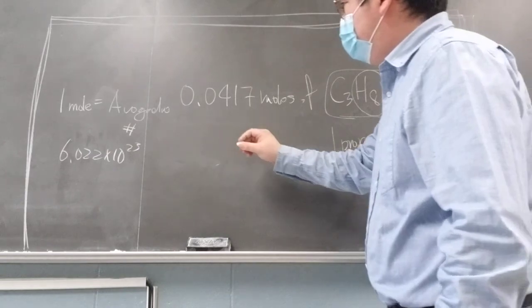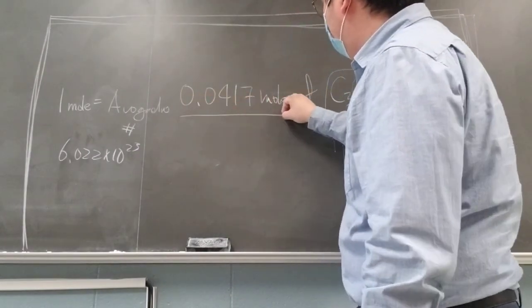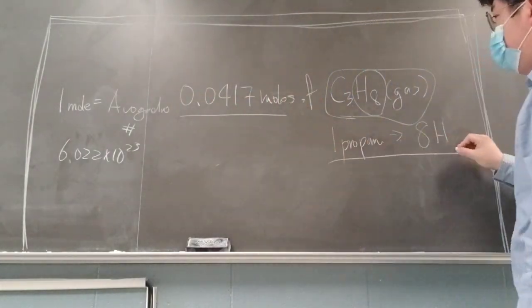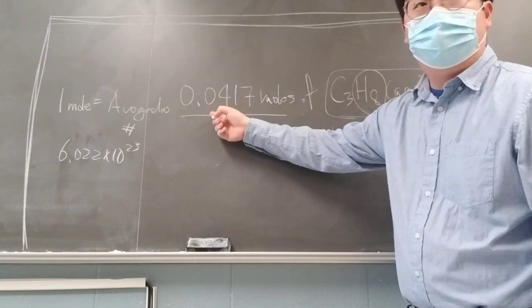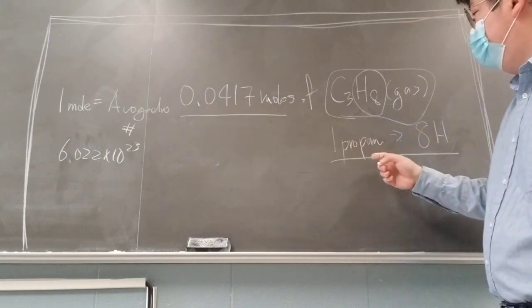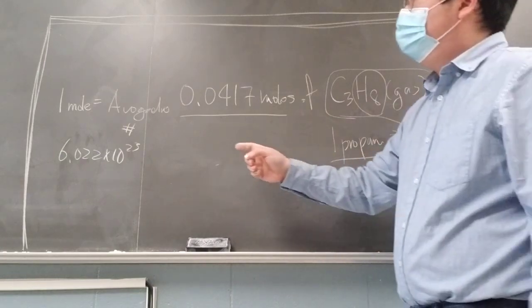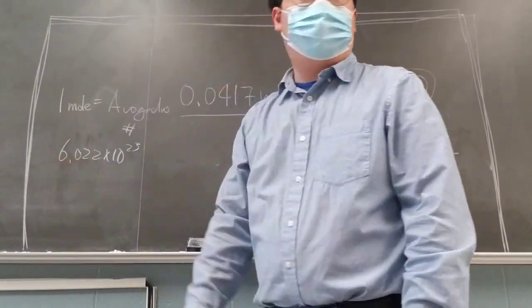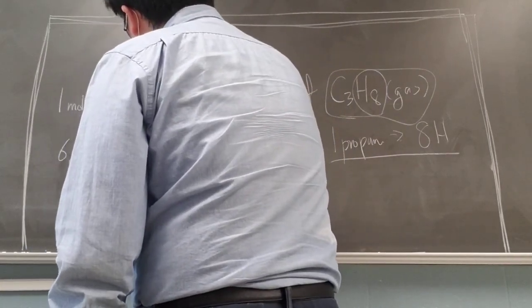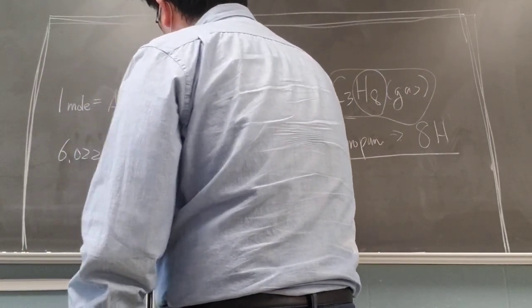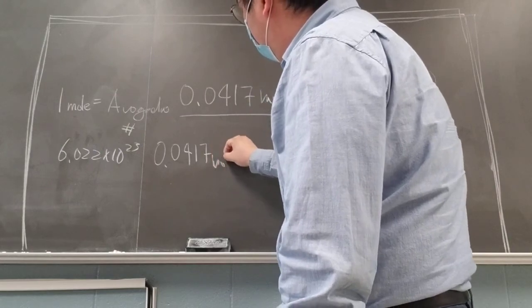So meaning if you have this many moles of this one, 8 times this number in moles is the number of the hydrogen. But we know the 1 mole is equal to Avogadro number. So what we can do is 0.0417 moles.